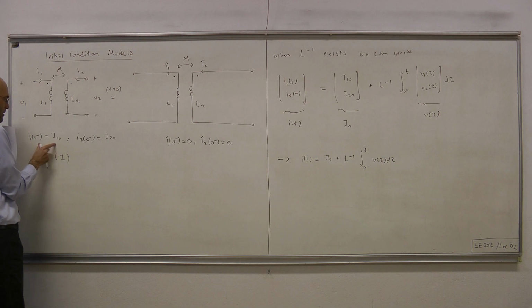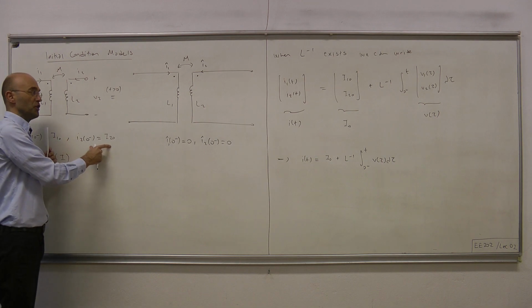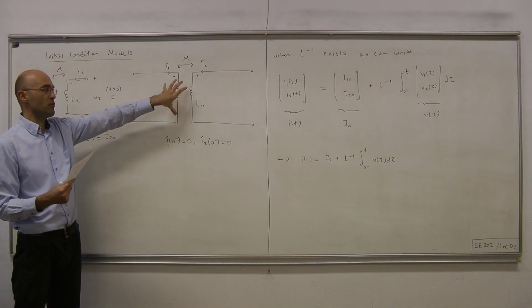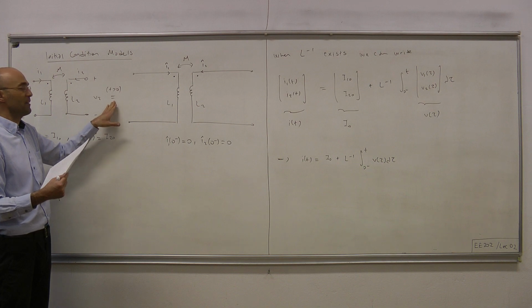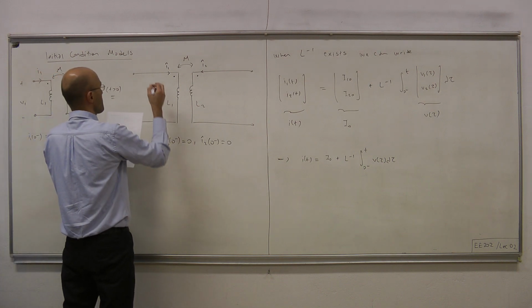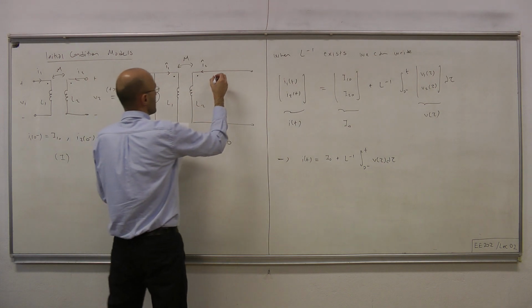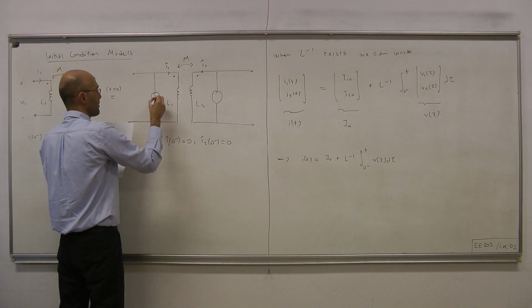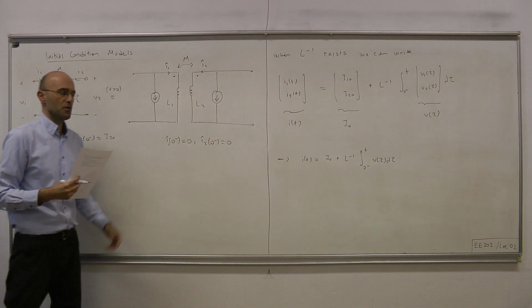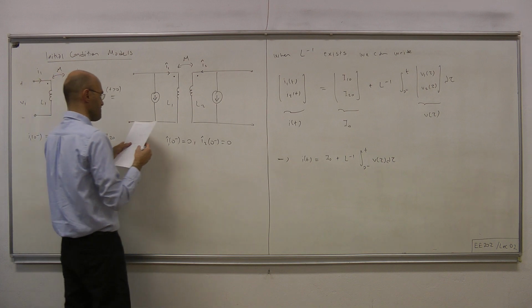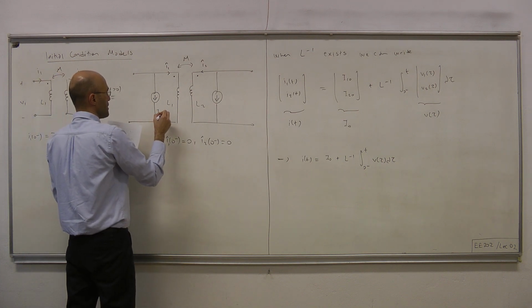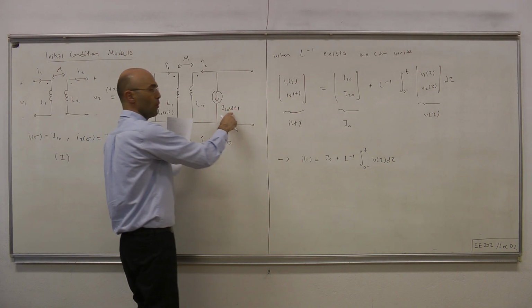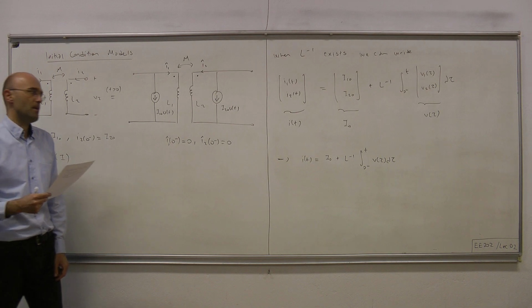But this initial condition should somehow express itself in this 4-terminal device, if we claim there's an equivalence, and we do that with a pair of current sources. Here we have an independent current source, its direction is like that, and what it produces is I1(0) u(t), and here I2(0) u(t). u(t) is our unit step function.